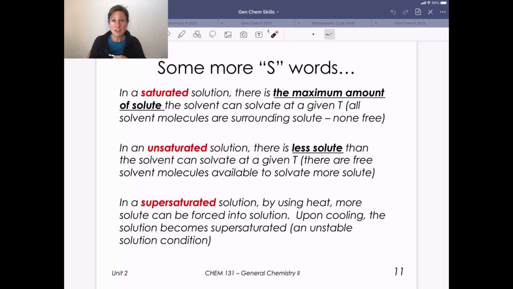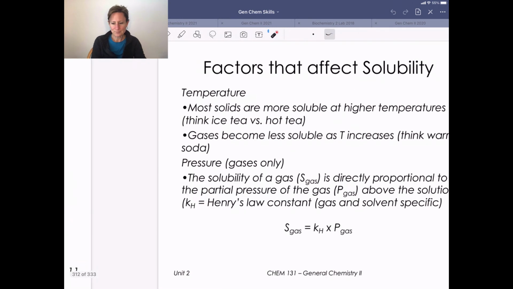I'm going to have a fun video to share with you to highlight a supersaturated solution. By adding heat, we can actually put more solute in solution than we normally would have. And then when that solution cools, as long as that salt doesn't crash out of solution, we've created a supersaturated solution. And as I'll show you with this video, you can do some really fun things with that.